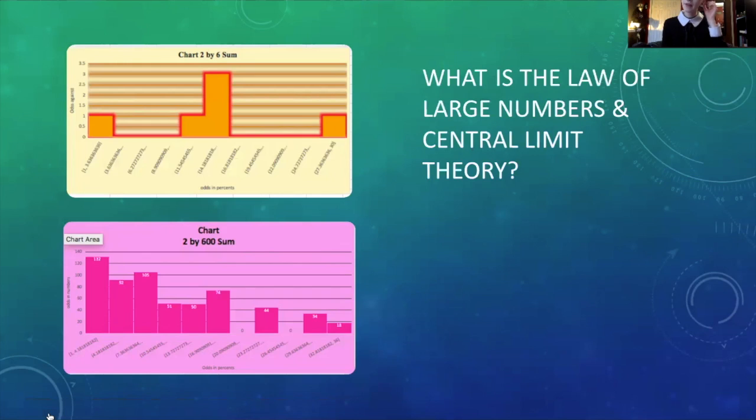The first graph has a limited amount of experiments versus the graph on the bottom that has more data. Notice the graphs become less sparse when the data has increased. Central limit theorem establishes that in some situations when independent random variables are added, their sums normalize towards a normal distribution.